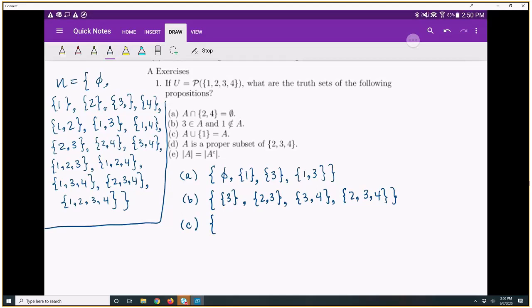Next we have A union singleton {1} is equal to A. So what kind of a set would make this statement true? Well, it should be a set that already contains 1, because a set that already contains 1, if we do the union with singleton {1}, we're not adding any new information there. So we're just getting back the set we started with. So this could be singleton {1}, or it could be {1, 2}, {1, 3}, {1, 4}.